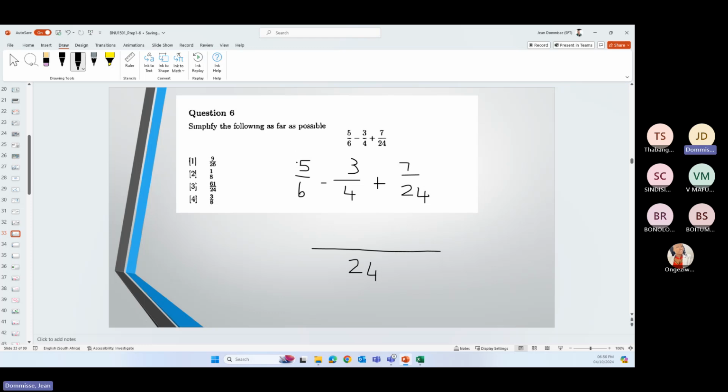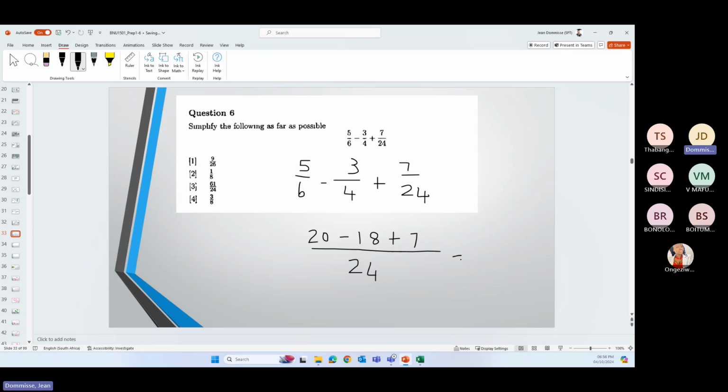So 4 times 5 is 20. So if you again check, 20 divided by 24 will give you 5/6. Okay, then we do the same for 3/4. So 24 divided by 4 is 6. 6 times 3 is 18. So that will be then minus 18/24. And the last one, 7/24, is 7/24.